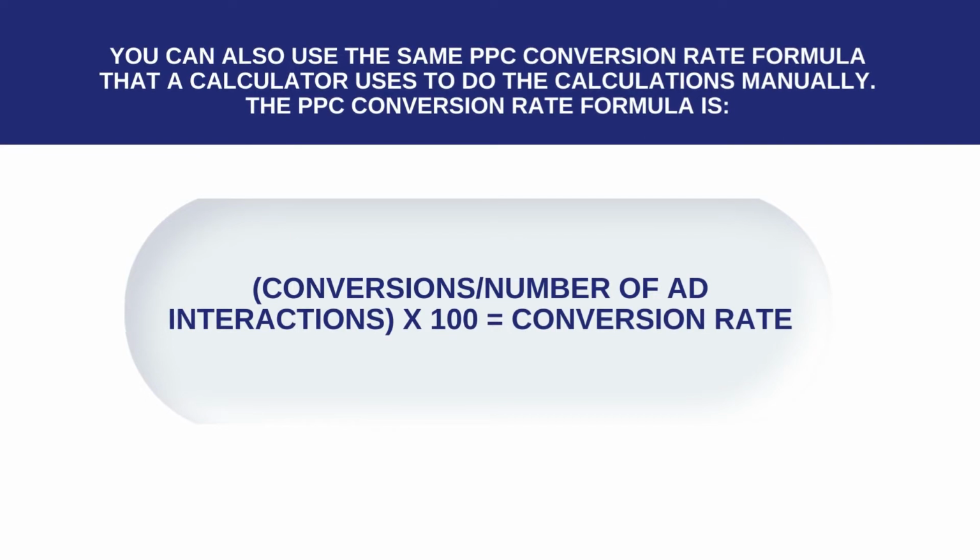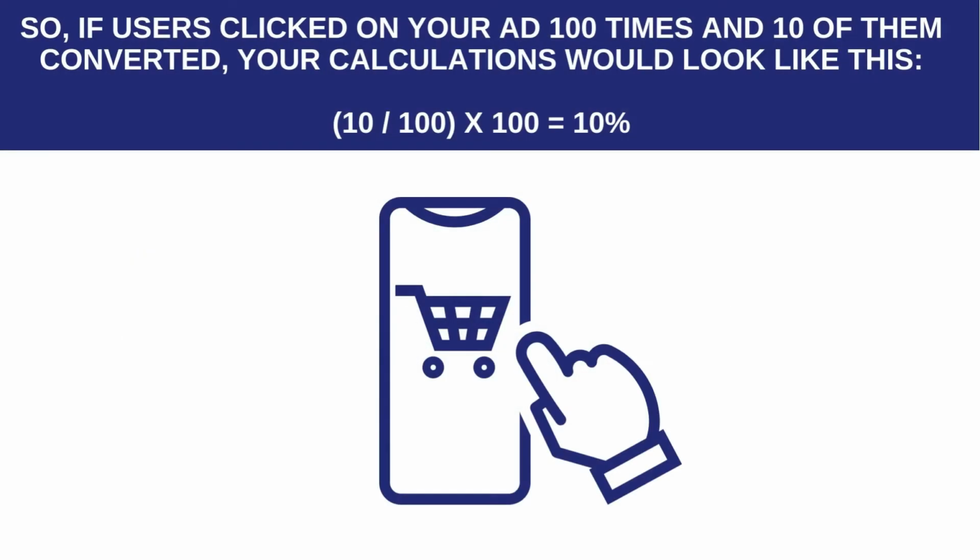The PPC conversion rate formula is conversions divided by number of ad interactions, times 100, equals conversion rate. So, if users clicked on your ad 100 times and 10 of them converted, your calculations would look like this: 10/100 x 100 equals 10%.